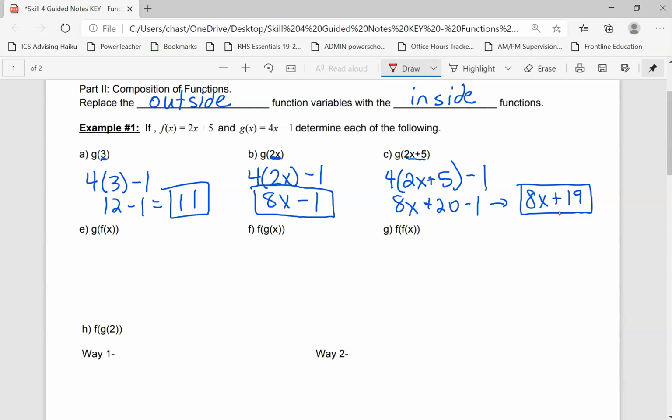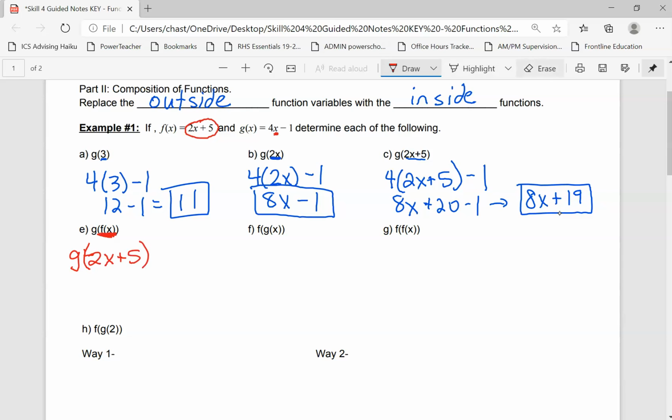My f of x function is defined as 2x plus 5, and we're putting that 2x plus 5 into the variable for g of x. So it basically becomes g of 2x plus 5.